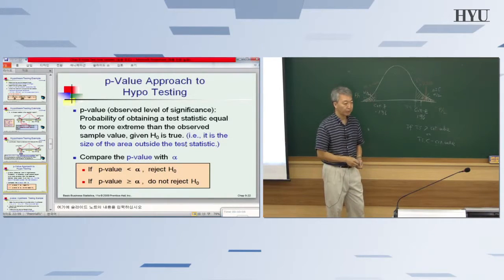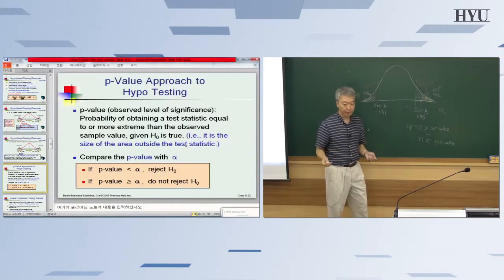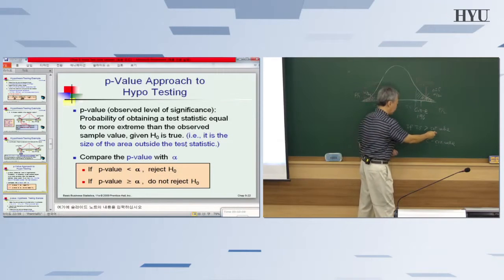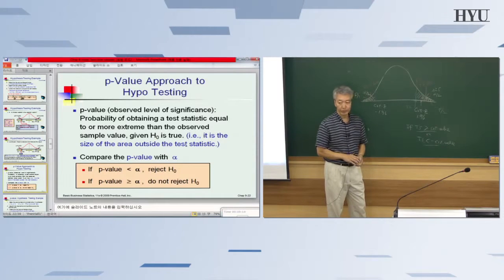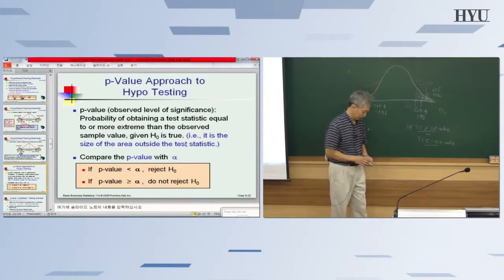What should be your conclusion? You're running the two-tailed test and you found either this one or this one. Then your conclusion should be to reject the null hypothesis, right?